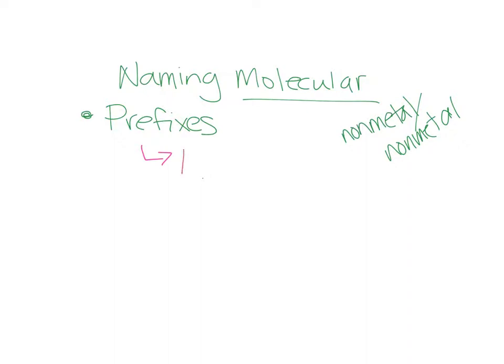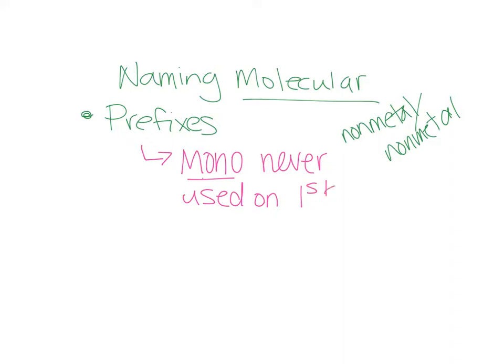All right, so mono is never used on the first element. So when I'm talking about something like carbon dioxide, we don't call it monocarbon dioxide. That's just silly. It's carbon dioxide. So if there's only one of your first element, you don't use mono.